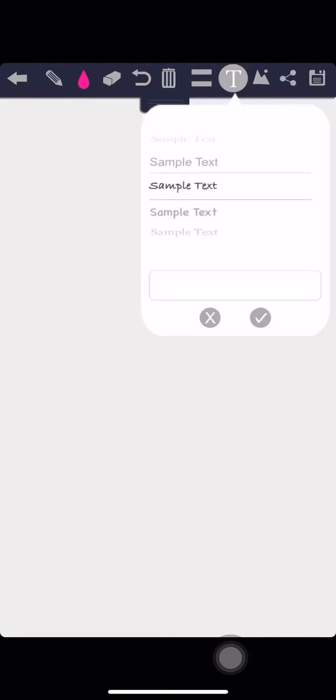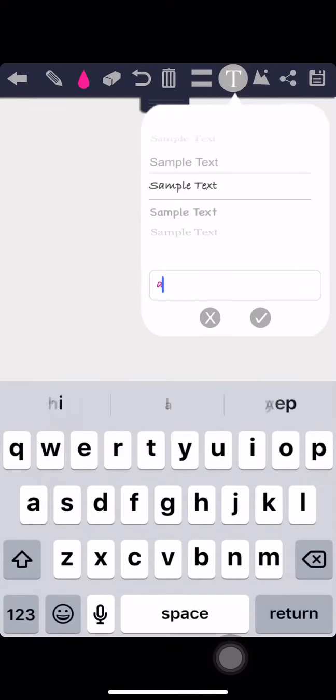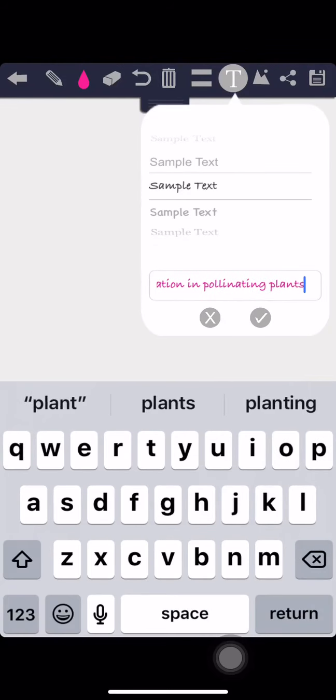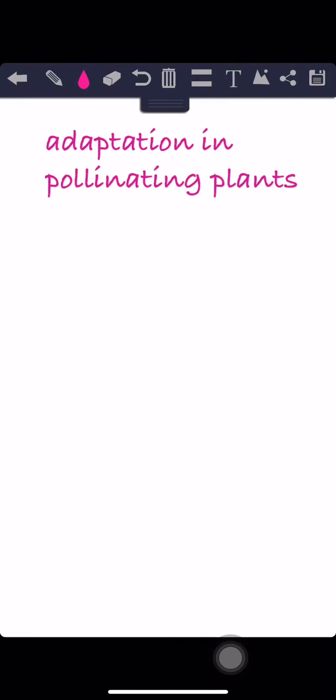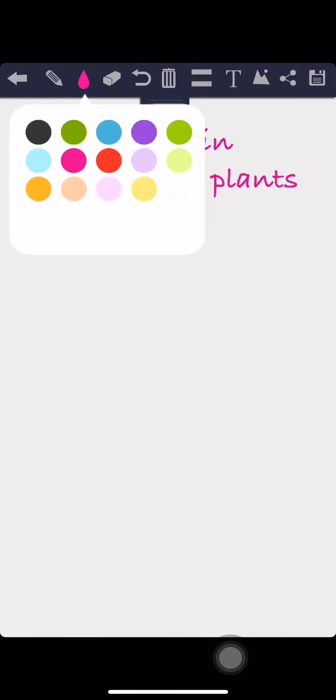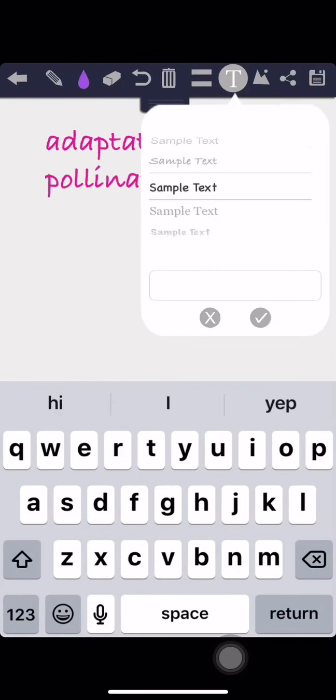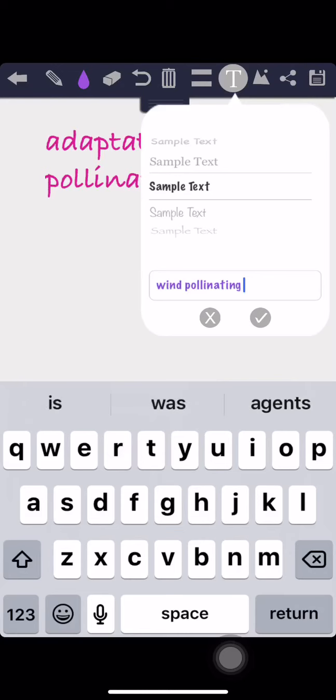And last, we need to learn the adaptations in pollinating plants. So what are the adaptations we see in wind pollinating plants?